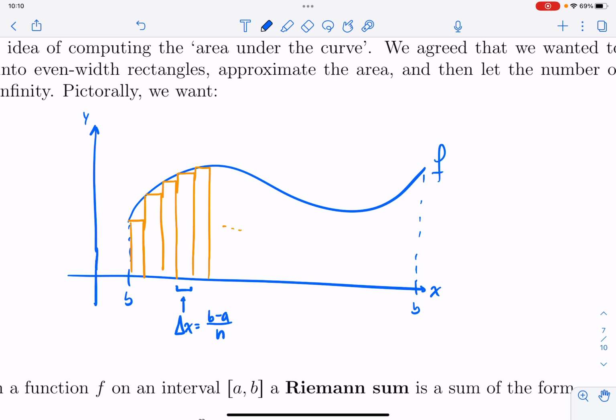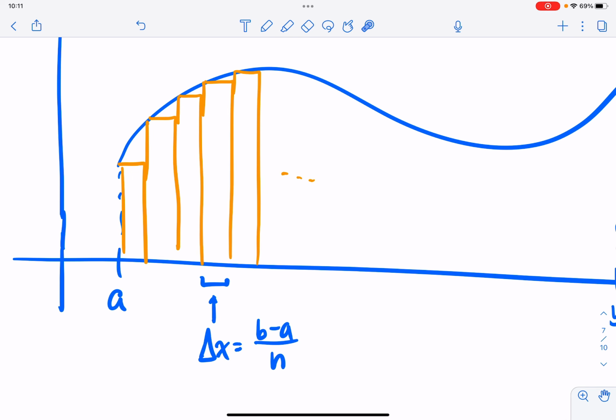And in particular, if we want to take a look at each one of, oh, sorry, this should be an A. So what that means now is that at any point that we're looking at here, like this endpoint over here, for example, we're going to look at the interval. This is A to, what is this point right here?